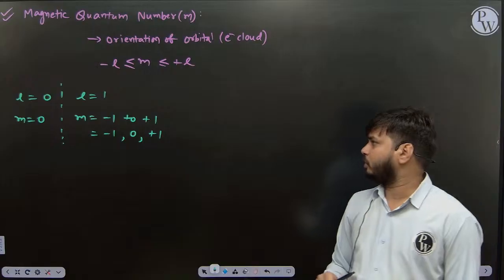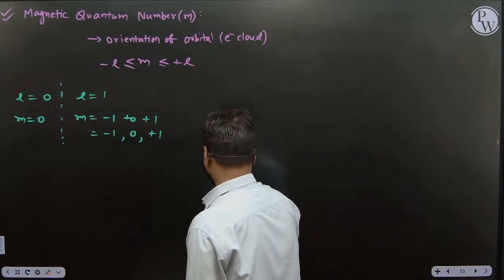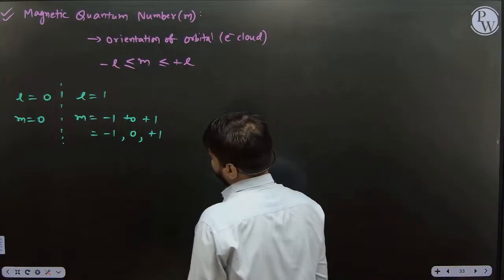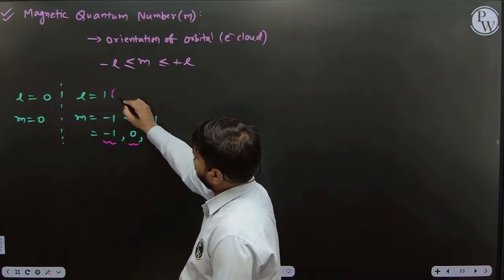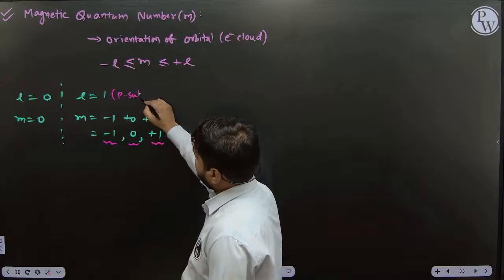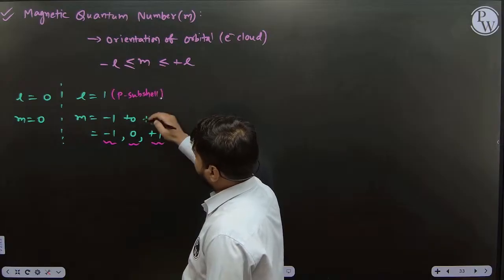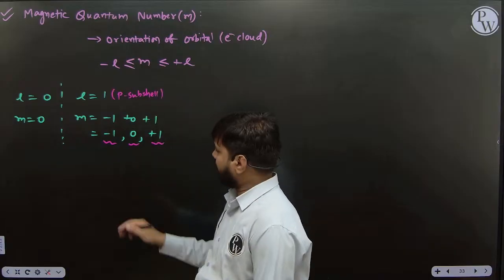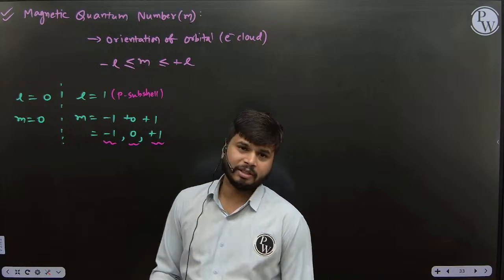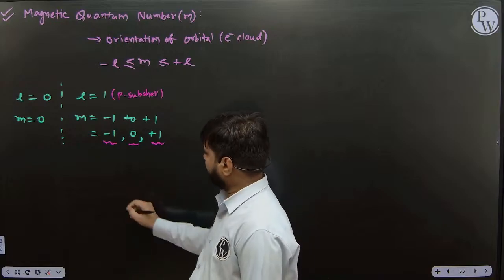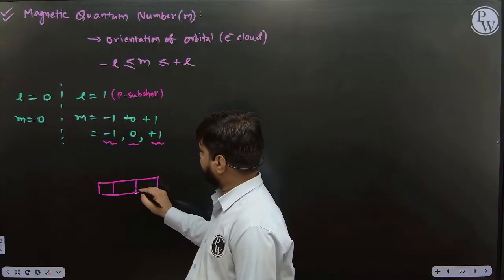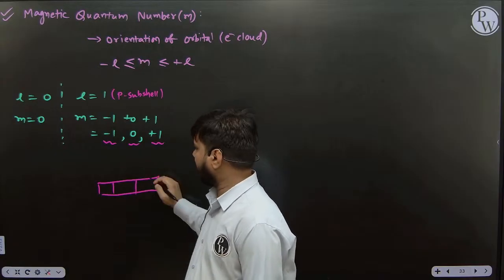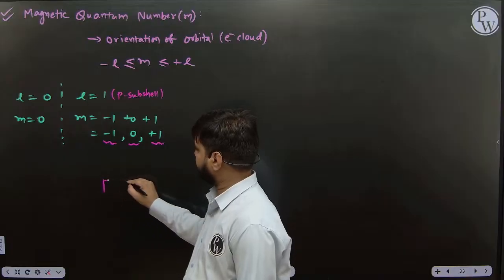Now how many values do you see here? 1, 2, 3. If you have three values, you will have three orbitals.